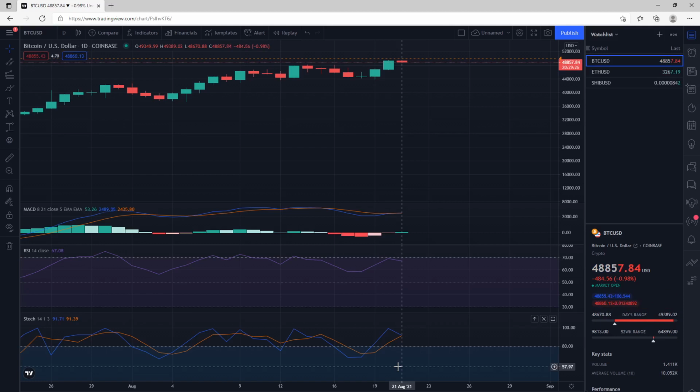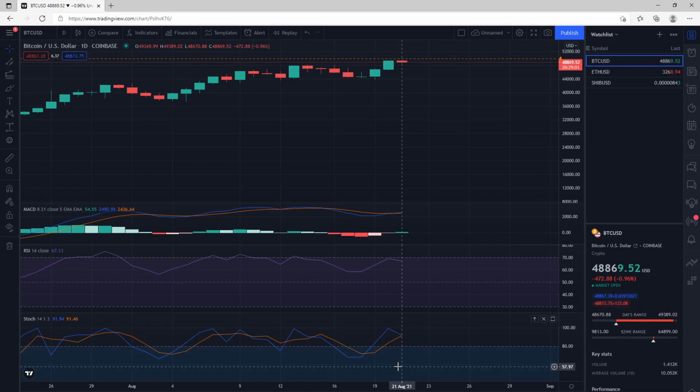I hope that makes sense, that the accuracy comes from the 3 indicators working together, the 3 indicators being set up properly. Now the RSI and the Stoch stay standard. It comes out of the box this way. The only one you have to change is the MACD. You're changing that to 8, 21, close, 5.